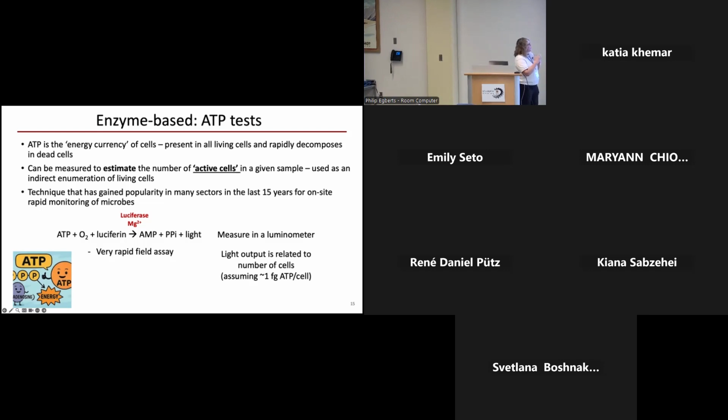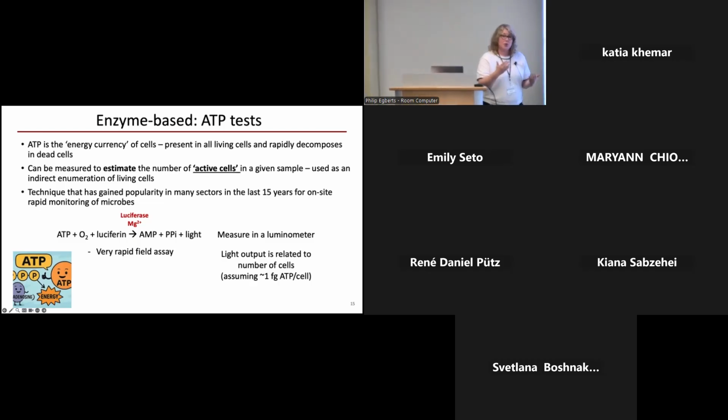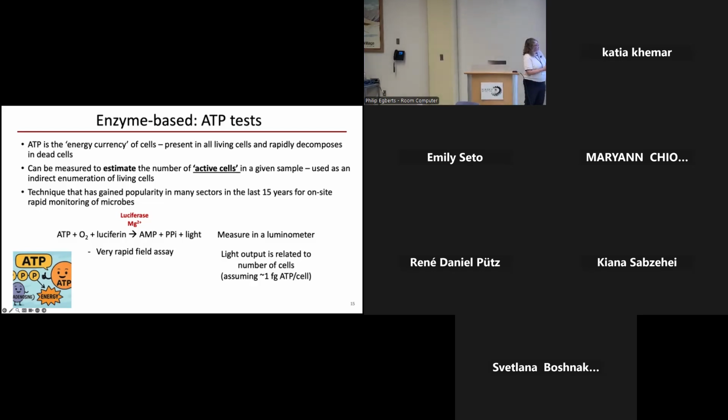It's an indirect enumeration of living cells. It doesn't tell you what kinds of cells are there, just a number of active cells. It's a technique that has gained popularity in many sectors in at least the last 15 years for rapid on-site monitoring of microorganisms.